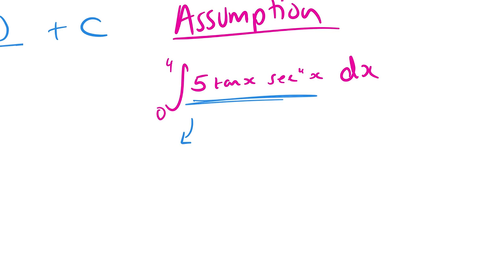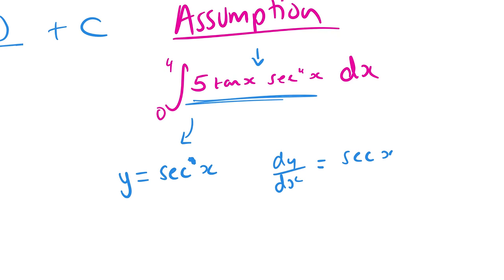I have to think, okay, what would differentiate this? So I think y equals what would differentiate this? Now, I know that when y equals sec squared of x, when y equals sec x, I know I differentiate to sec x tan x, right?